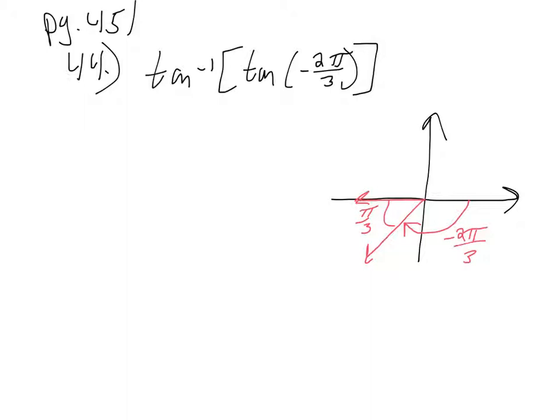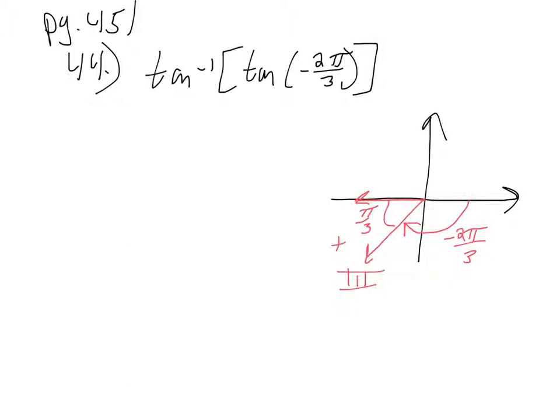So we need an angle, and in the third quadrant tangent is positive. And so we need an angle that has a reference angle of pi over 3 and that is in the first quadrant, right? It has to have the same reference angle and have the same sign for tangent.